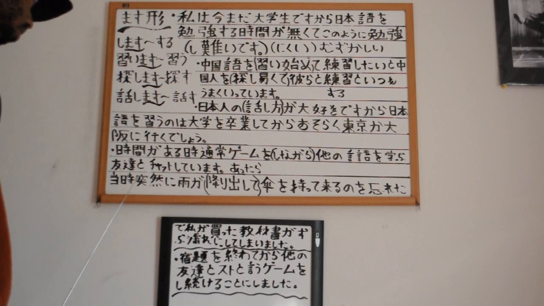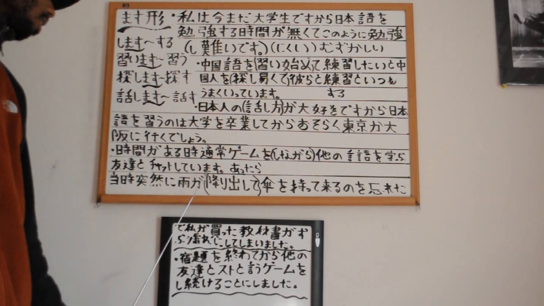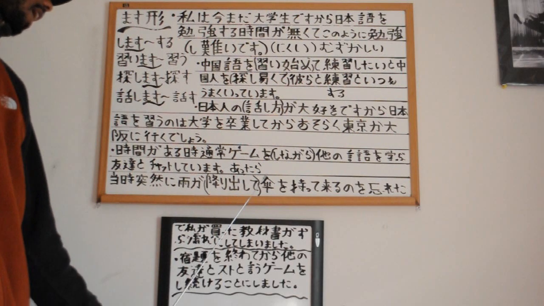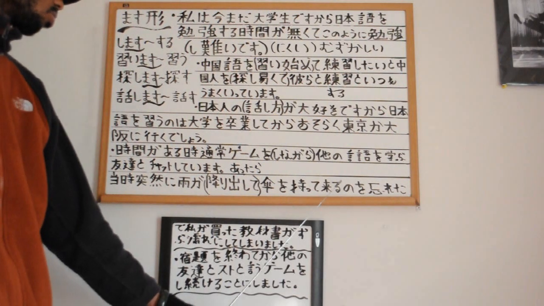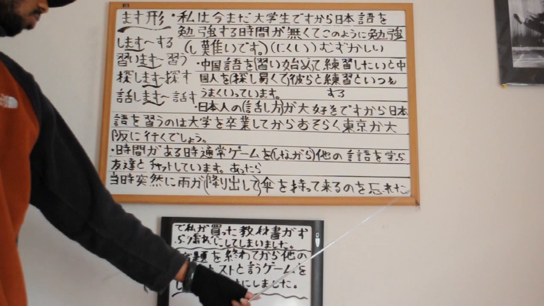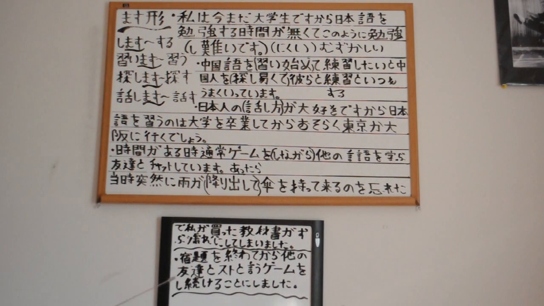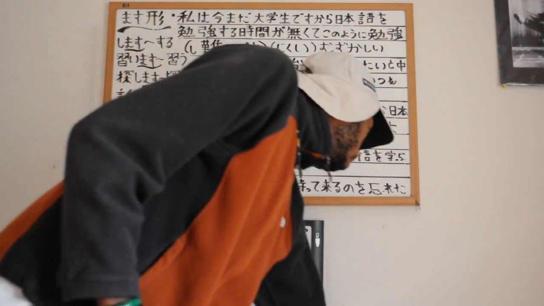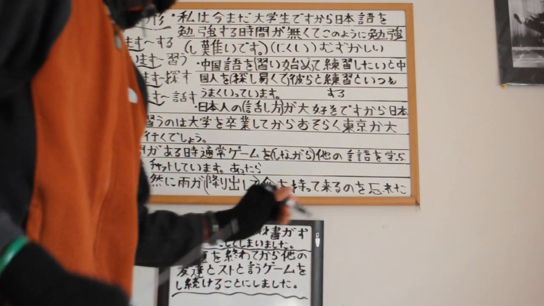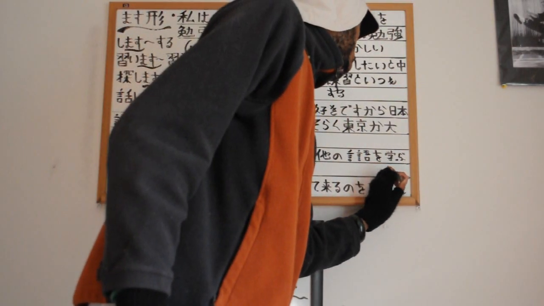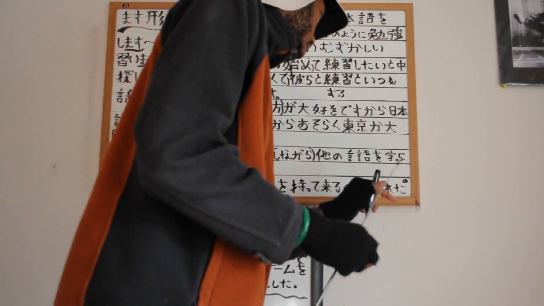Toji, let's see, toji, totsuzen ni ame ga furidashite, kasa o motte kuru no o wasureta. Wait, hold on. Oh, I'm missing something. Wasureta no de. Hold on for a second.